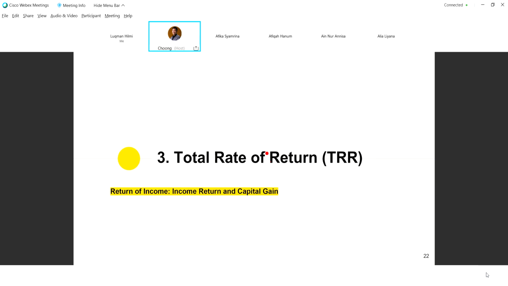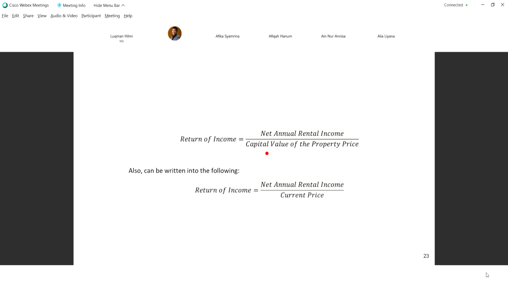So now we go to another decision tool that we usually use, the so-called total rate of return, the TRR. So let's look into this formula first. Don't worry about this formula, it's just to give you better understanding about what TRR means.